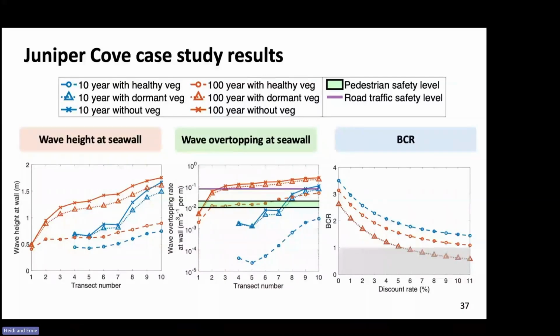But if you consider the dormant ones, the benefit cost ratio is only above 1 if you have a discount rate below 5. And so if a governor decides to have a discount rate below 5, it would favor implementing this marsh restoration. But if they choose a very high discount rate, it would significantly change the decision of whether it's worthwhile to do the marsh restoration.